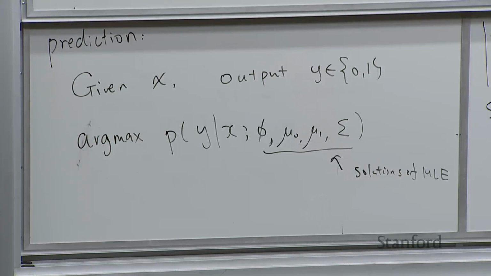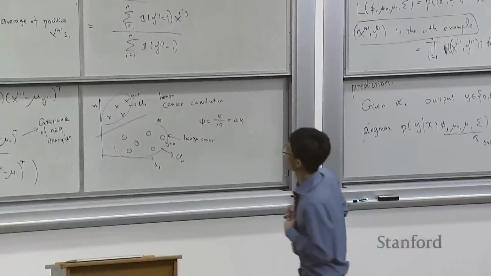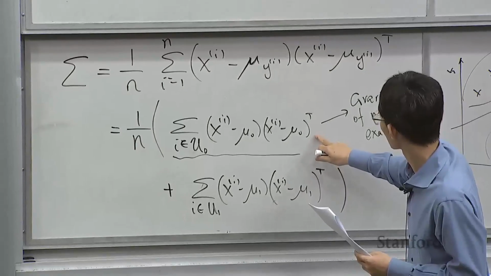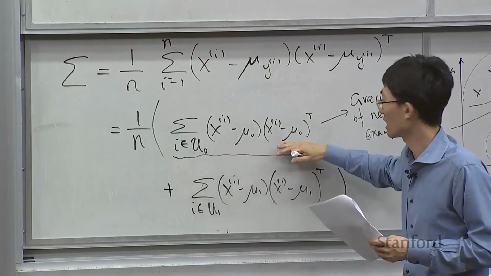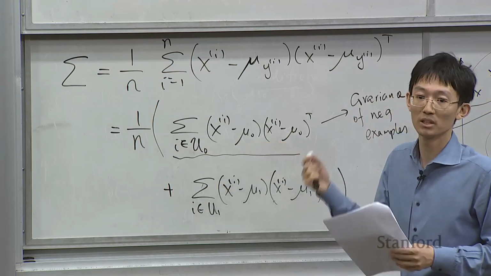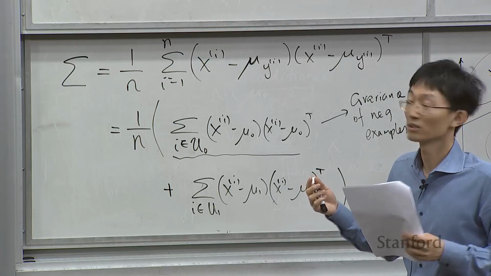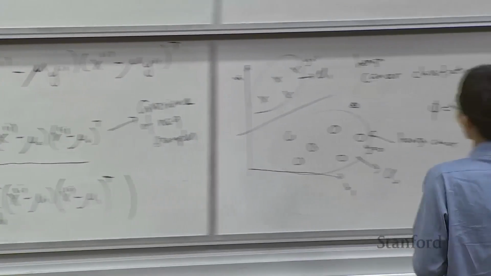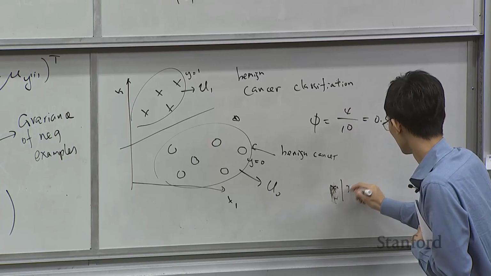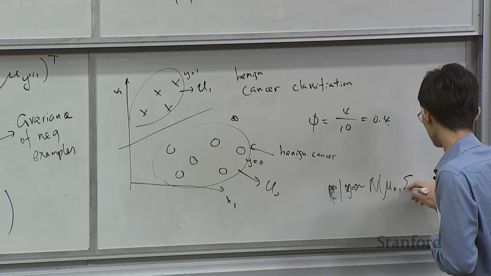Okay, this is a matrix, right? This is a vector, this is a vector. Mu0 is a vector. Mu0 is the mean of the Gaussian. It's a d-dimensional vector. So you assume x given y, where y is 0, is from this Gaussian with mu0 and sigma.